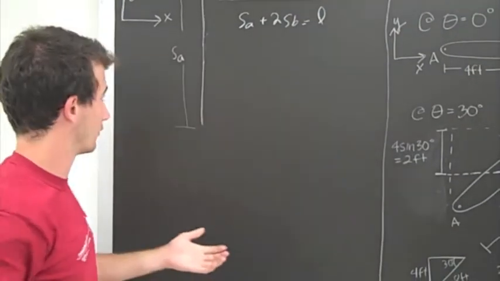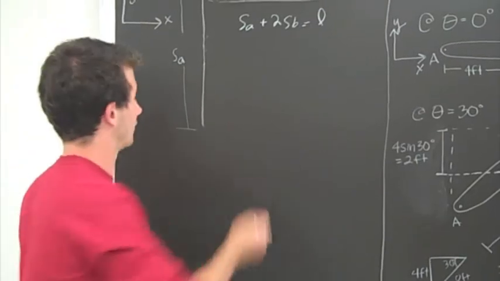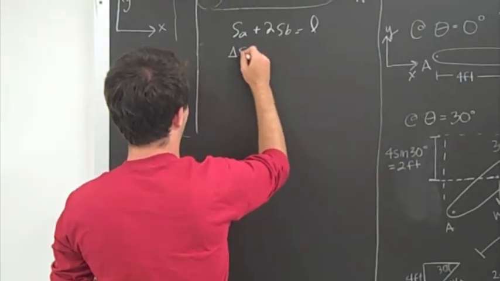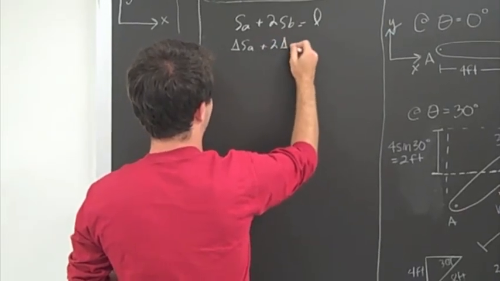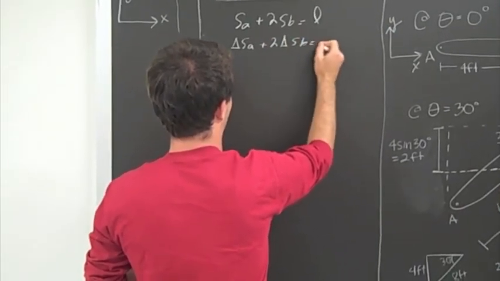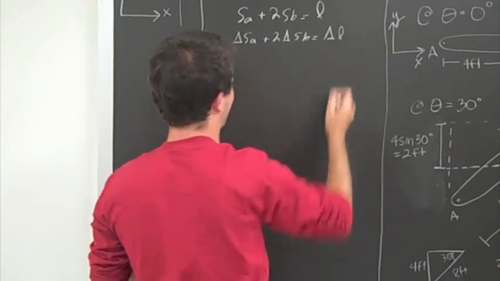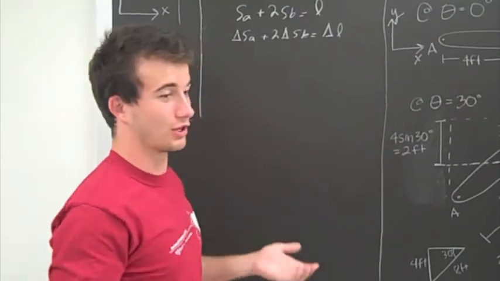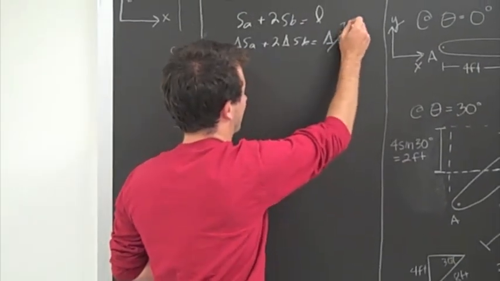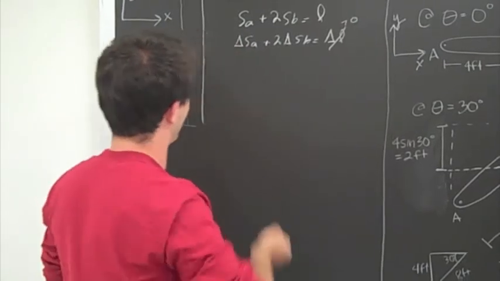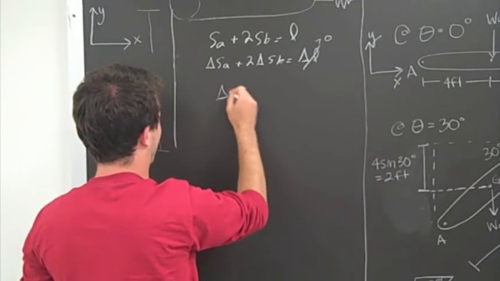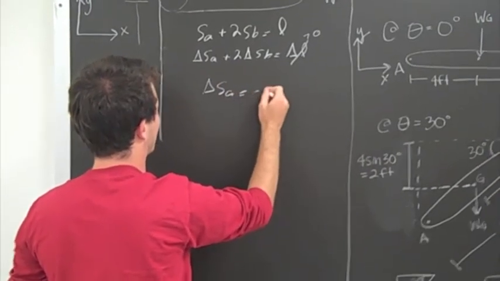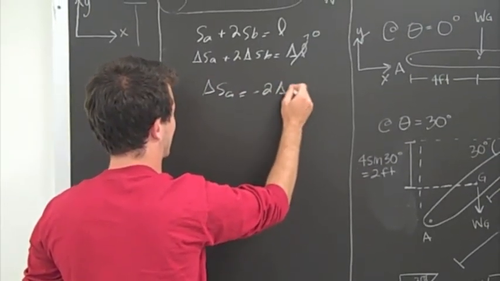Therefore, we establish a relationship between the changes in length: delta SA plus 2 times delta SB is going to equal the change in length of the rope. And if the rope doesn't change length, this is just going to be 0. So delta SA is going to equal 2 times delta SB.